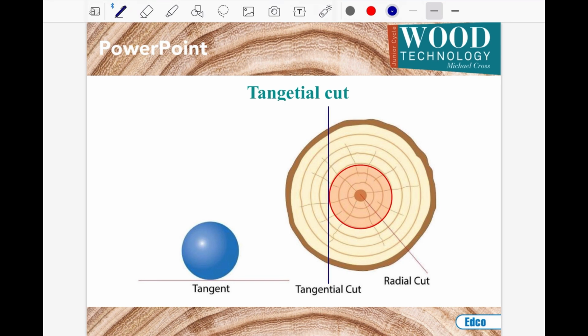Now, in your maths class, at some point, you will have been told that anytime a line touches a circle at one point only, that is a tangent. What is a tangent?